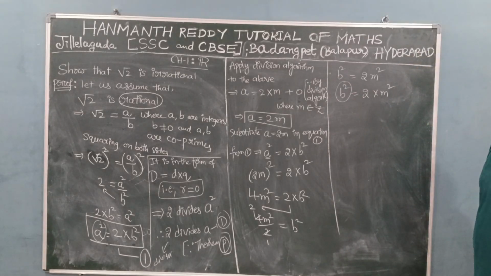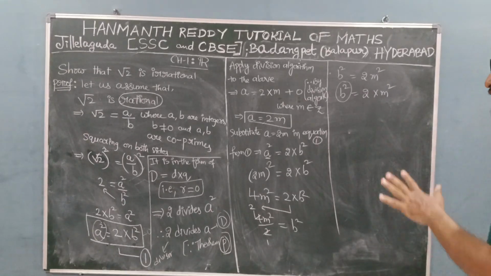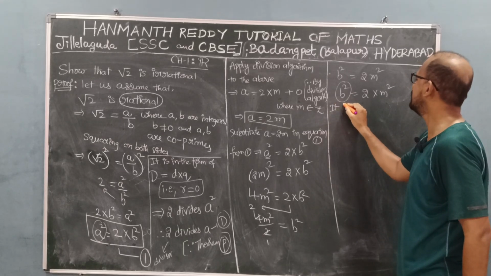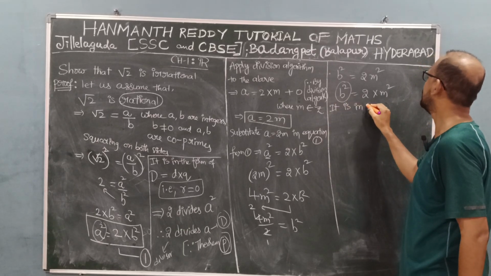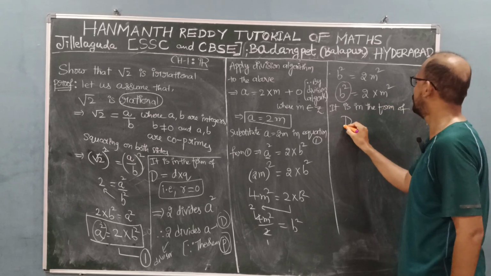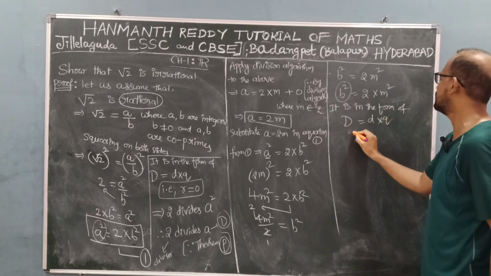Yes, it is in the form of dividend equal to divisor into quotient, but I can't see the remainder. Therefore, the remainder is 0 in this statement. So I can say the remainder is 0.